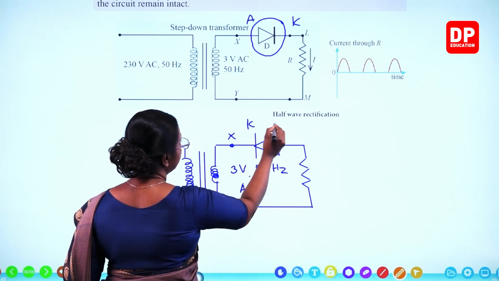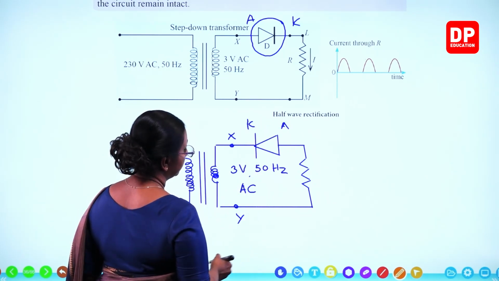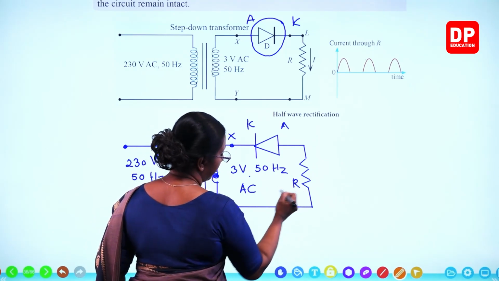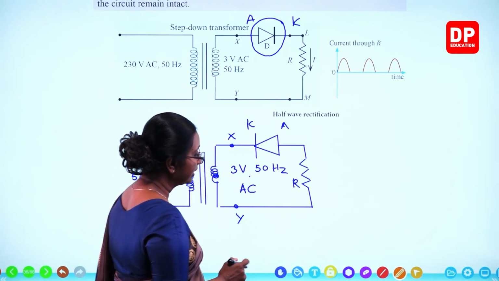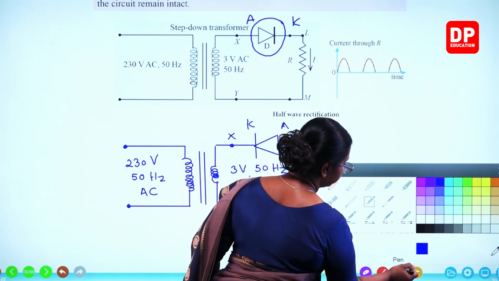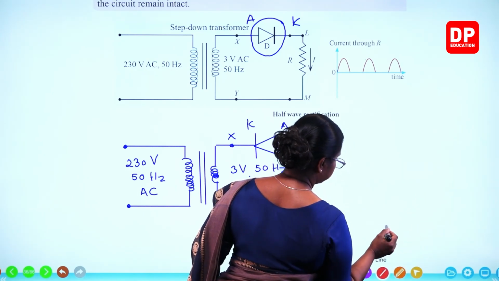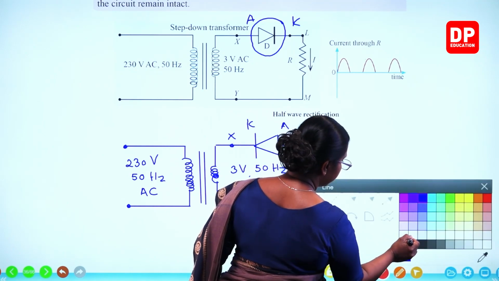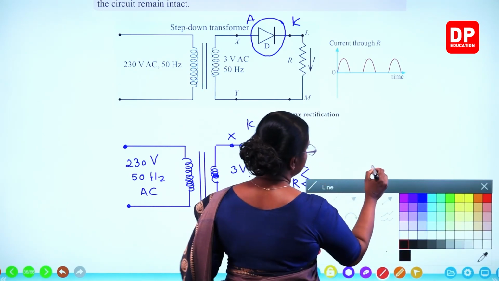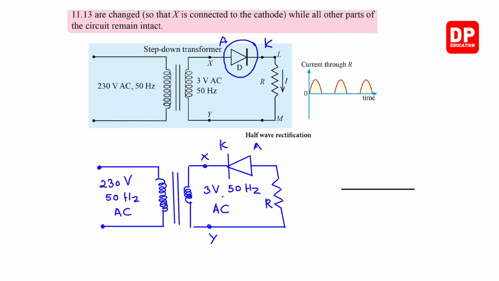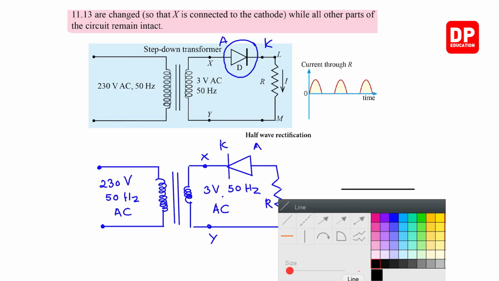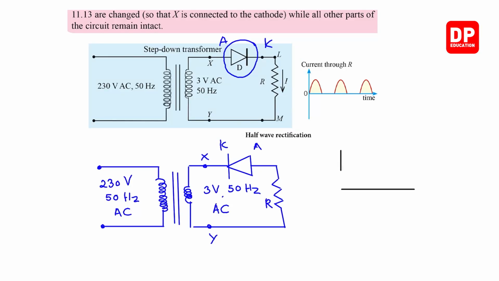This is the cathode, this is the anode and this is R. Now how will the current flow? If we plot the graph, so it is going to be the graph here. So you will have the graph there.